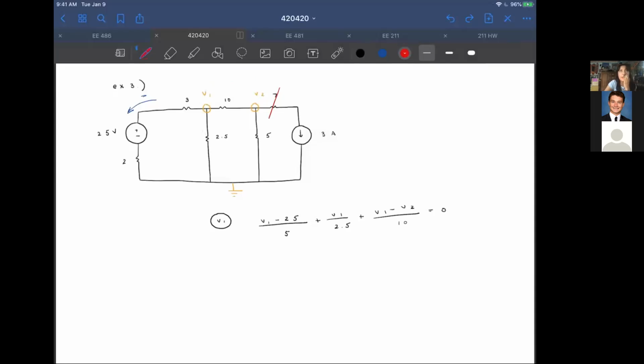Eventually you're going to want something that looks like this. I won't go step by step because that's just simplification. The main thing is that you want it simple enough that you can define it as a matrix, which makes solving a lot easier. Then you factor it, so you'll take out the V1s.